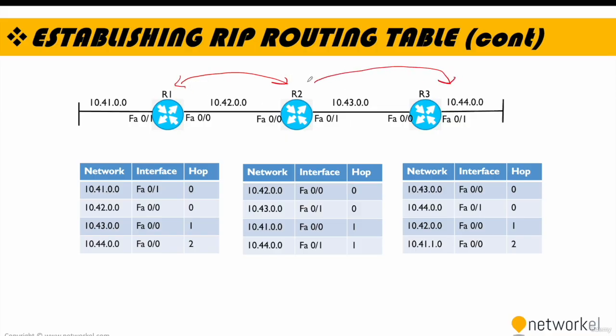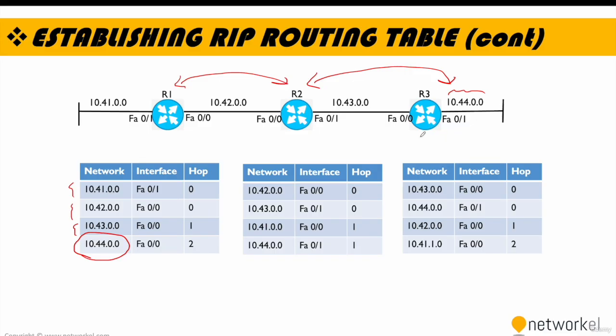Okay, so I just want you to pay attention to one thing in here. For router 1, I have this one, this one, this one, and it learned 10.44.0.0. Yeah, that is the network over there. How does it happen? It happens in this logic.